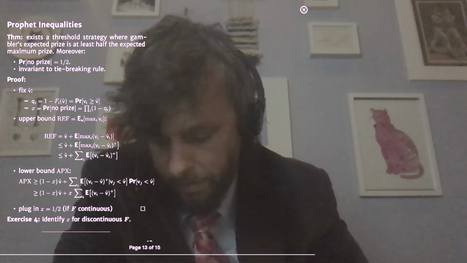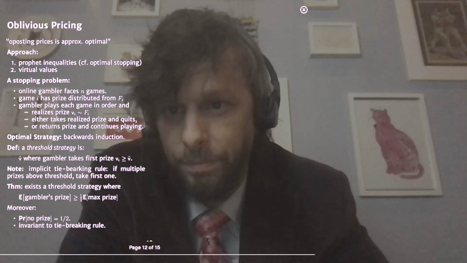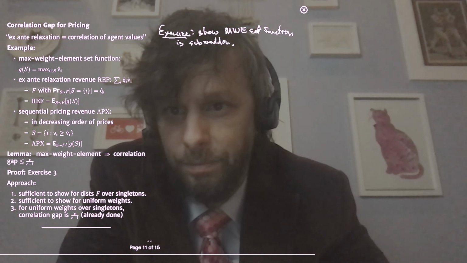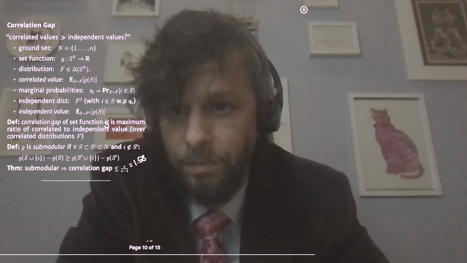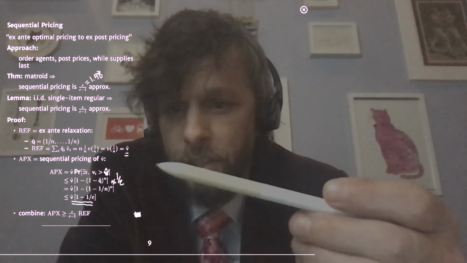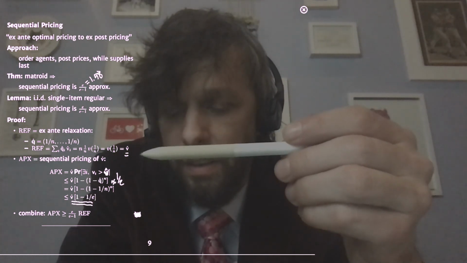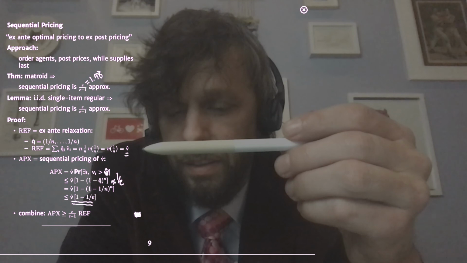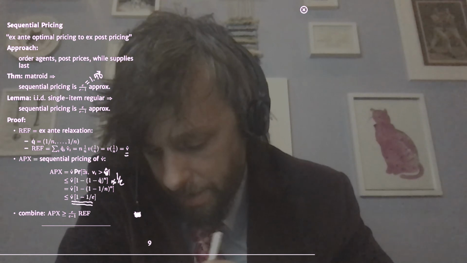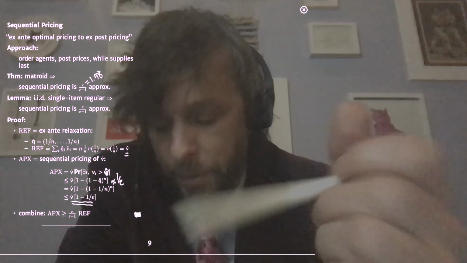That, in fact, was the first proof that we did. This is showing that if we have equal weights and equal values, the approximation gap is e over e minus 1.